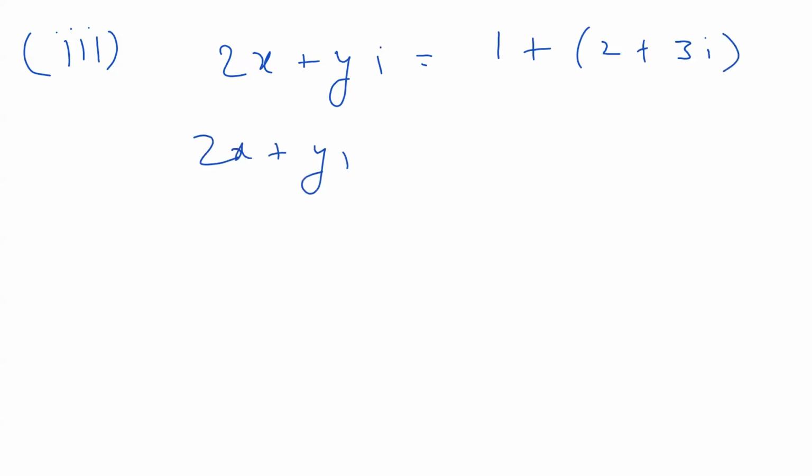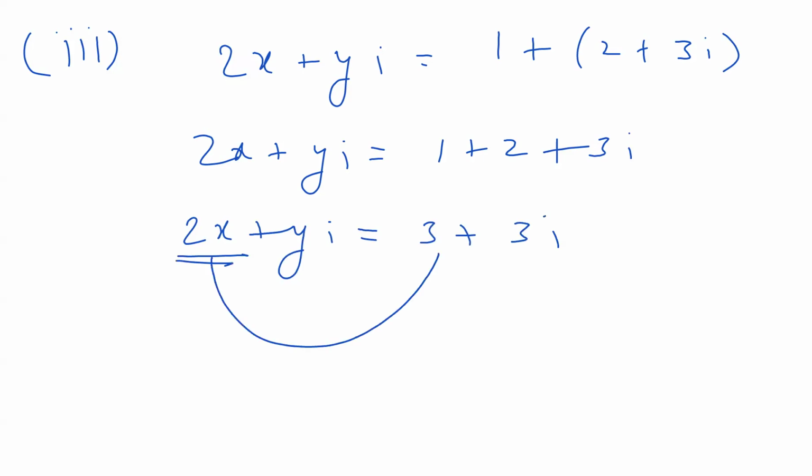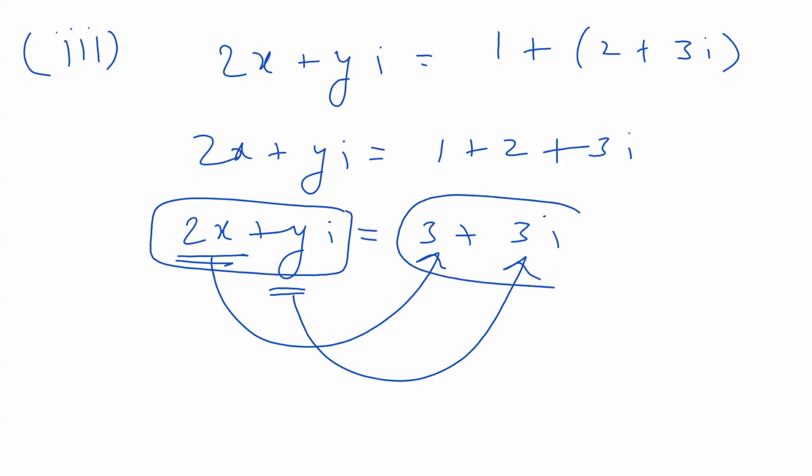Okay. 2x + yi = 1 + 2 + 3i. So 2x + yi = 3 + 3i. So by comparing, 2x = 3 and y = 3. See, left hand side it is a + bi format, right hand side a + bi format, equal to in between.